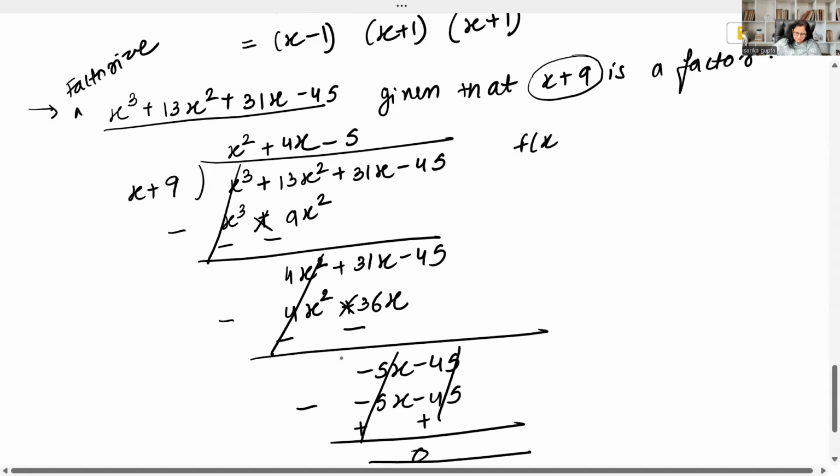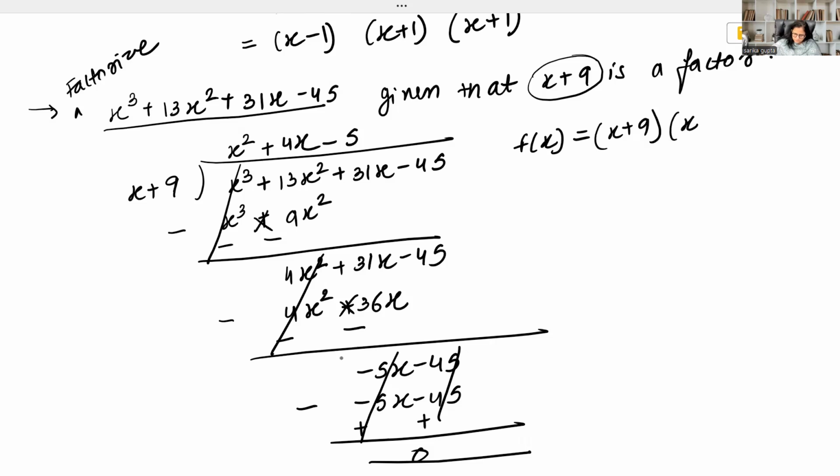So the entire f of x can be written as divisor into quotient plus remainder.